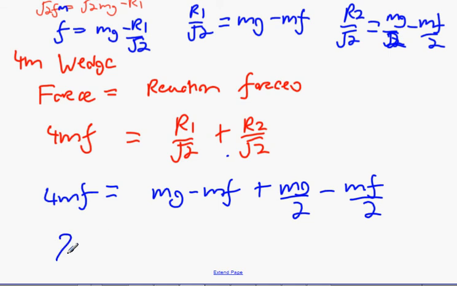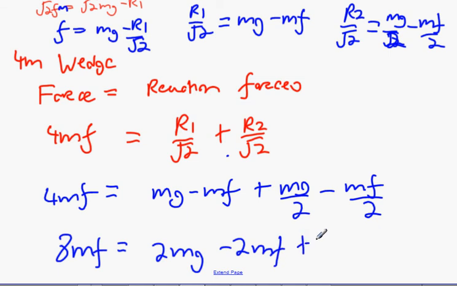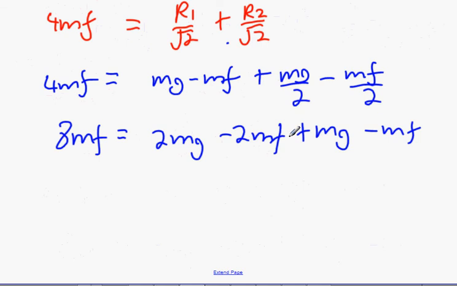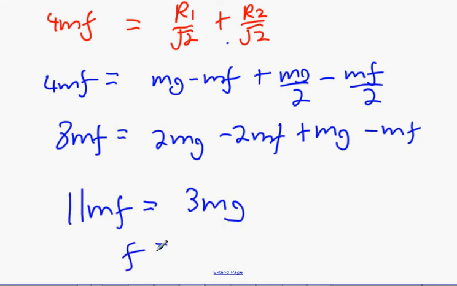Multiply everything by 2, 8mF equals 2mg minus 2mF plus mg minus mF. Bring it over to the other side, it's going to be 11mF equals 3mg, and then finally F equals 3 over 11 g. Okay.